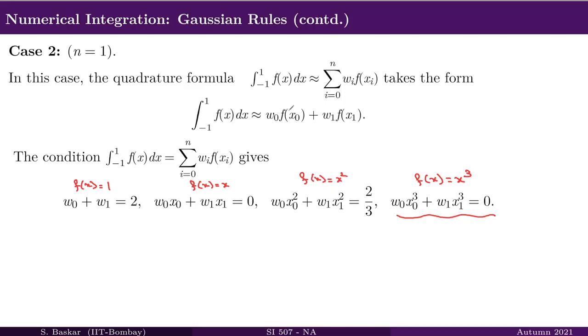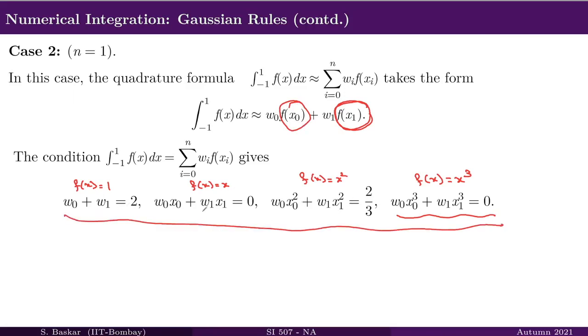That is because you had fixed these parameters, f of x1, f of x0. All these were fixed because we know the nodes. But now, since the nodes are also unknown, in general, if you are working with a nonlinear function f, then your equations will also become nonlinear, and thereby you land up solving a system of nonlinear equations.